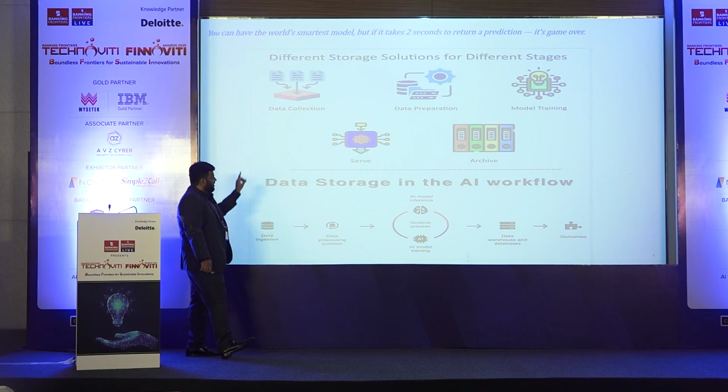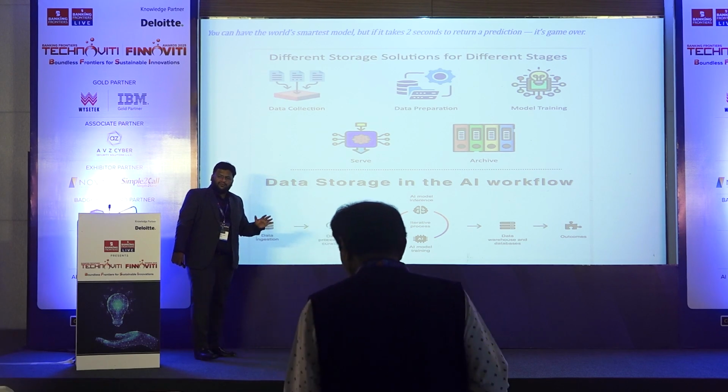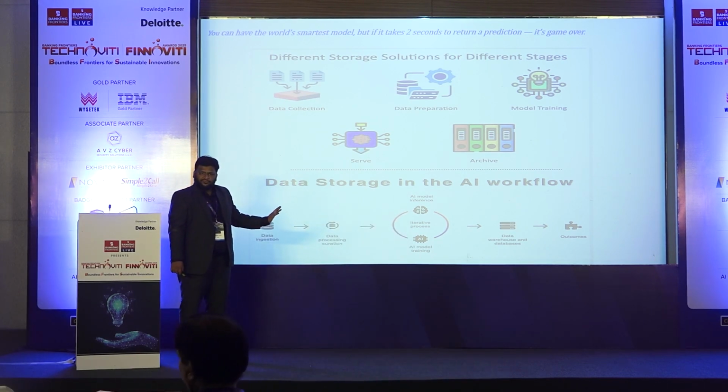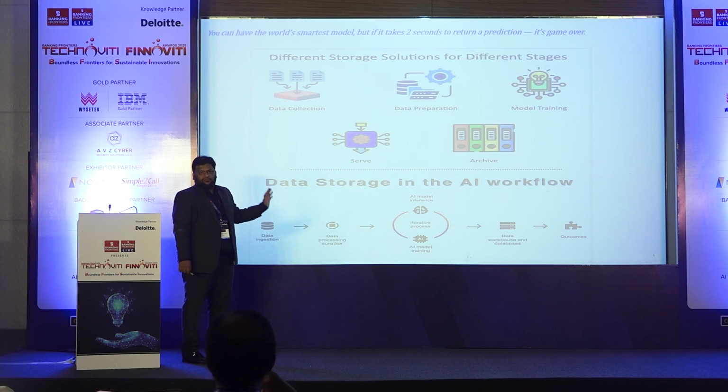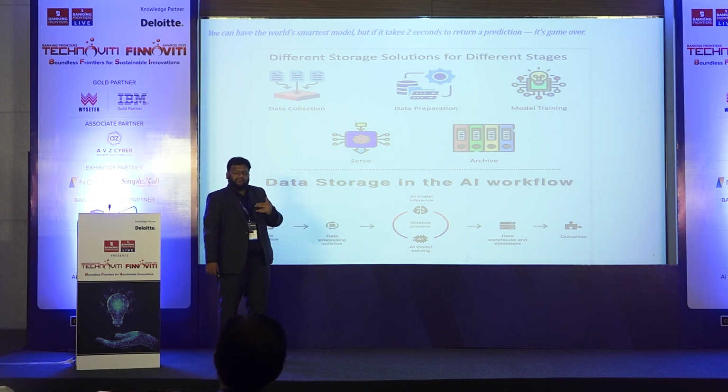For that, we require different kinds of storage. That is the first part, the data ingestion part. Over here, we'll require average storage that is not required to be very performant. We can do with an object storage kind of requirement. But as soon as we go to data processing, we will require storage which could serve multi-format data.